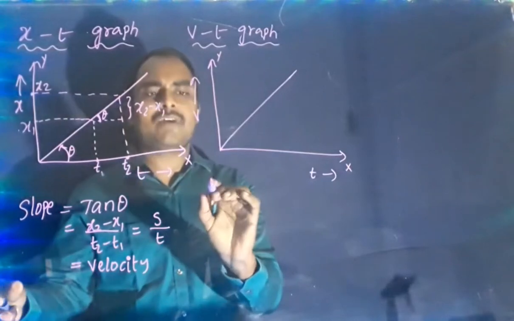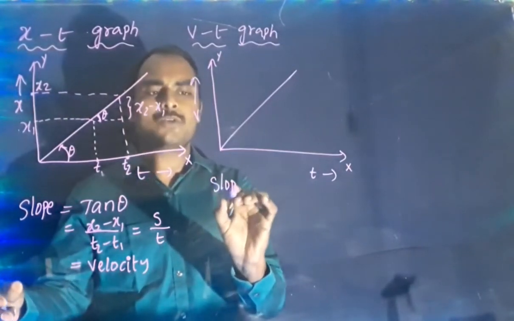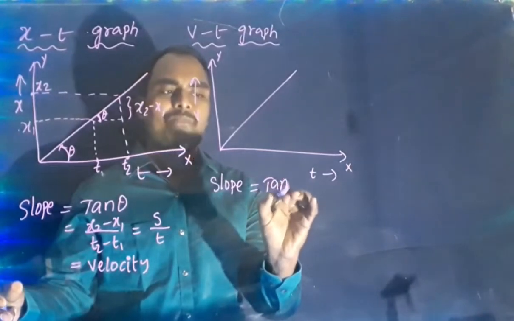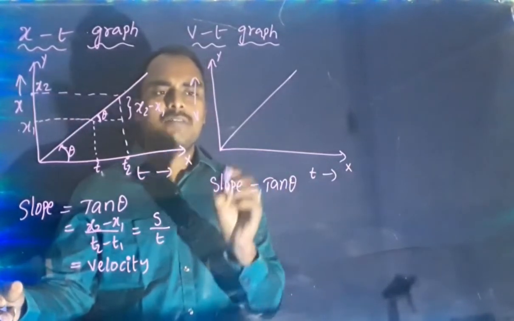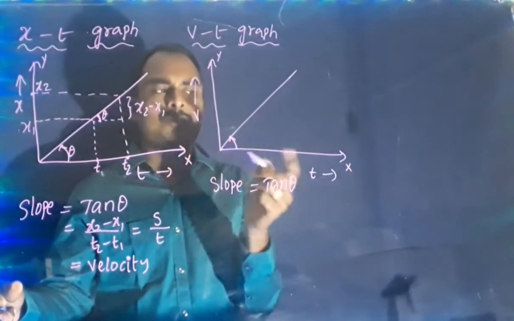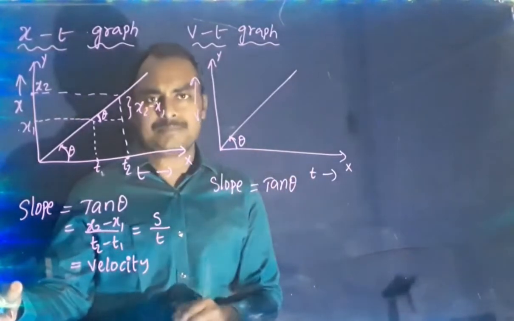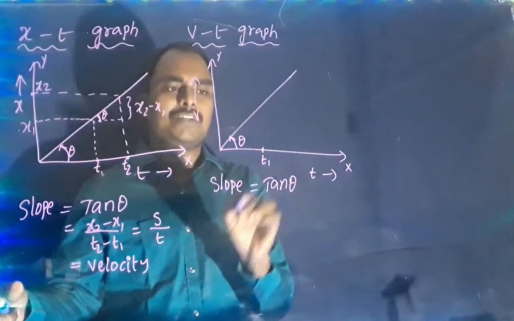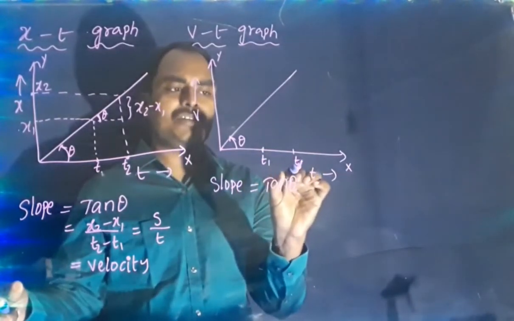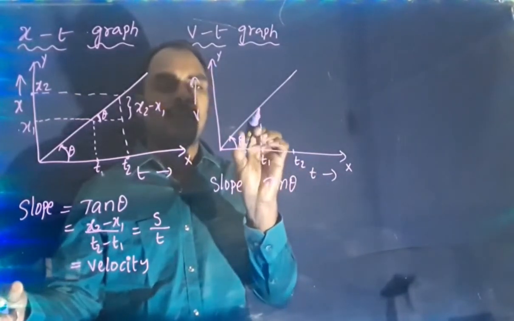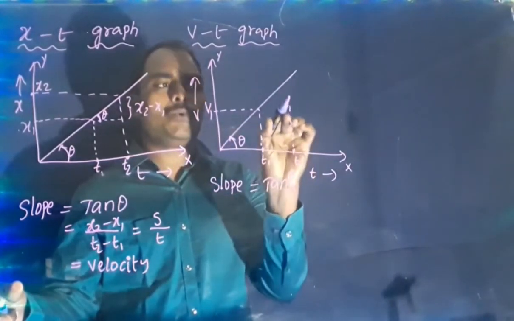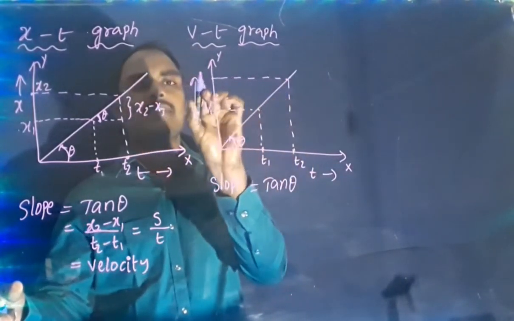Again let us find the slope of this straight line. Slope formula is tan theta. This is the theta angle with positive x-axis. Again at an instant of time t1, and another time instant t2. At time t1, let us take the velocity as v1. At time t2, the velocity as v2.